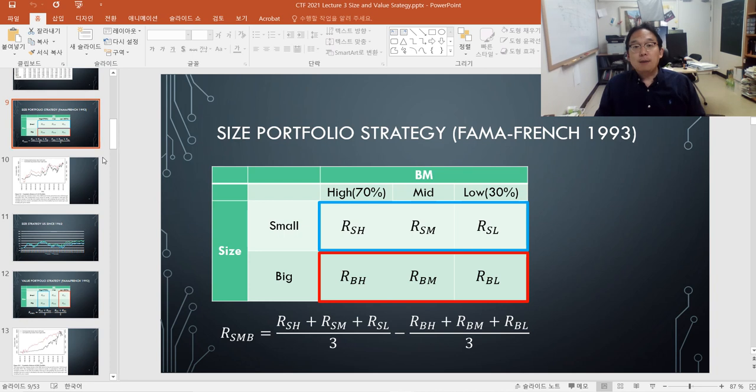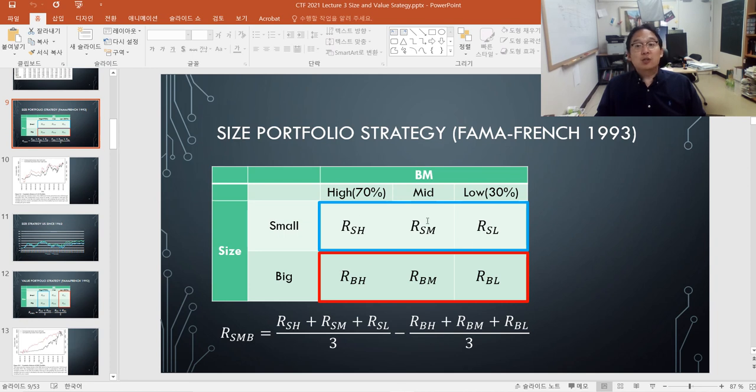And then book to market, that's book value of equity divided by market cap. We also sort every year, from highest book to market to lowest book to market: top 30, bottom 30, mid 40%. And then we're going to have 6 different portfolios.